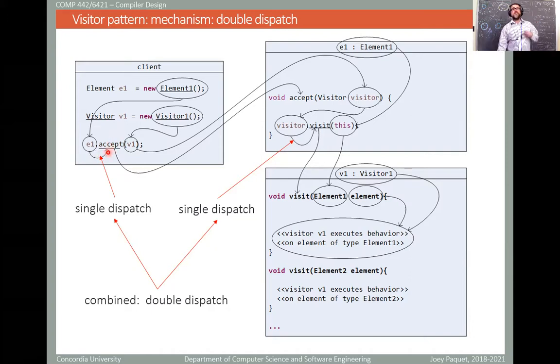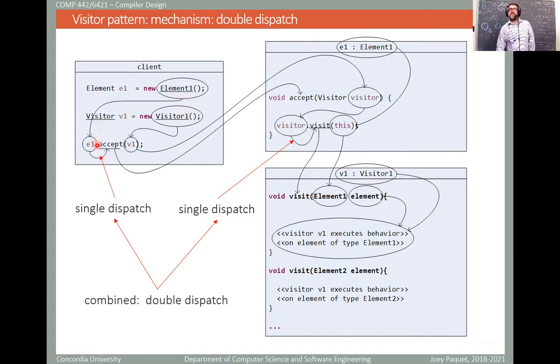The only decision it can make at this point is that it's going to call an accept function, and which one it is is the accept function of the type of E1. So the type of E1 in this case is element 1, which is one of the concrete elements of my visitor pattern, or the subkind of AST node.